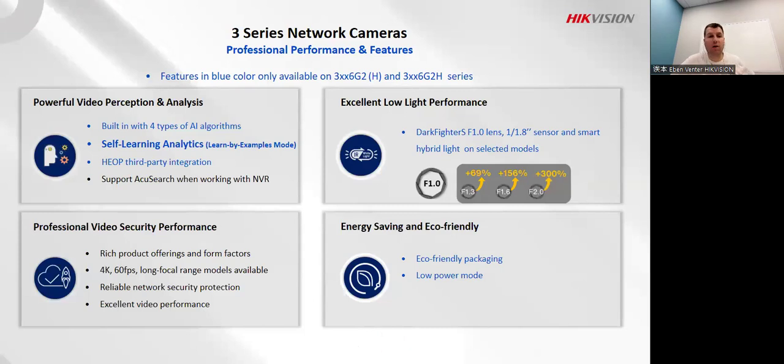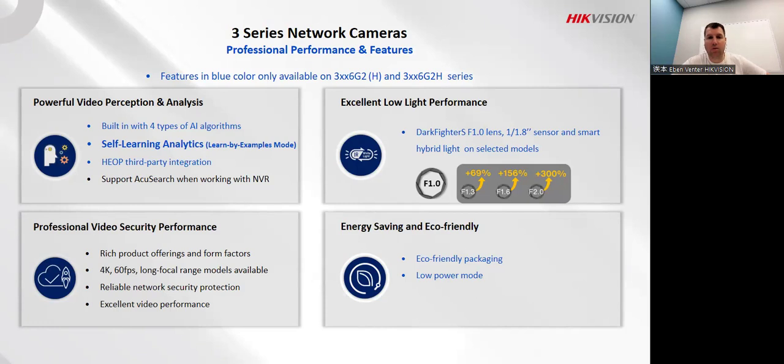In the 3 series itself, just to give you a heads up, it has built-in different AI programs, and we'll get into highlighting those programs a little bit later on. It's self-learning, so it's got that deep learning algorithm built into it. It's supported by AccuSense towards a working NVR.